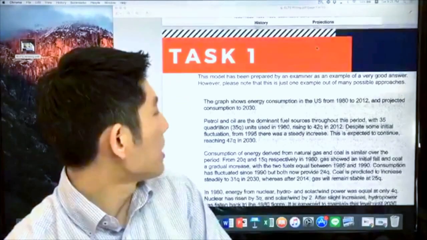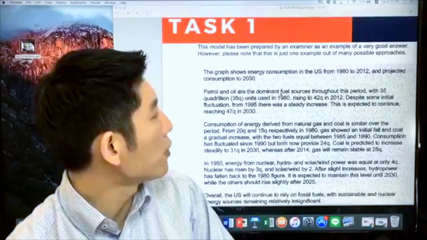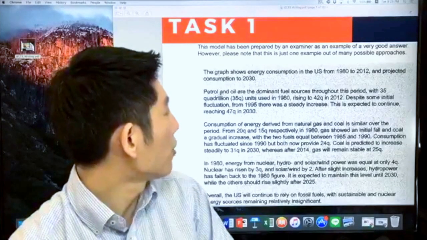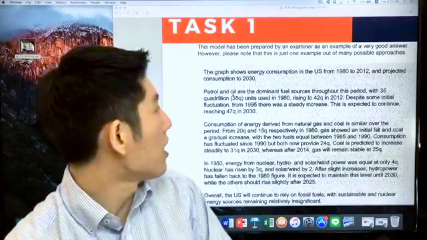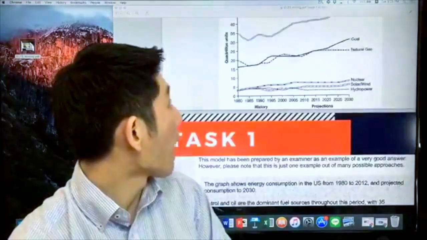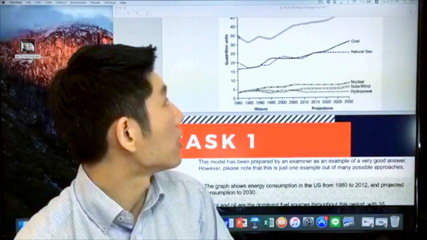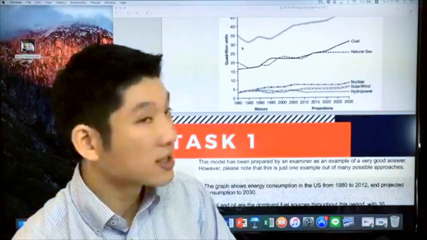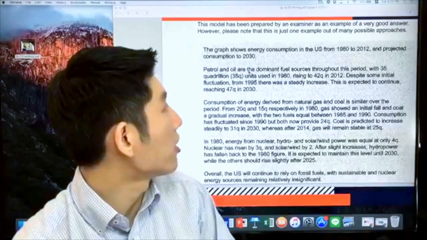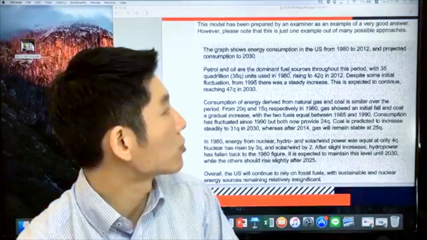Is it providing meaning? Yeah, dominant fuel sources. So I know what exactly petrol and oil are. I don't just say petrol and oil were at 35 quadrillion units. I tell the reader exactly what they are, dominant fuel sources.